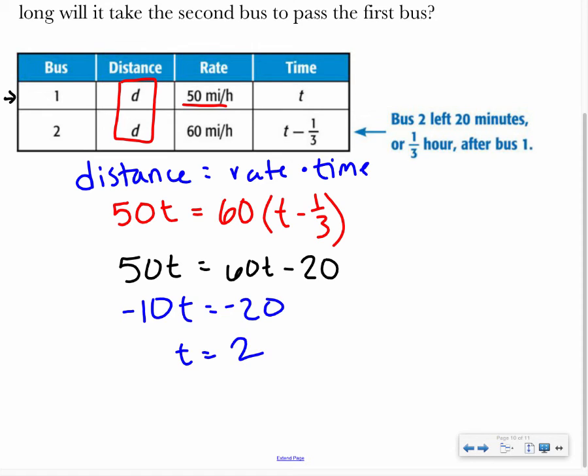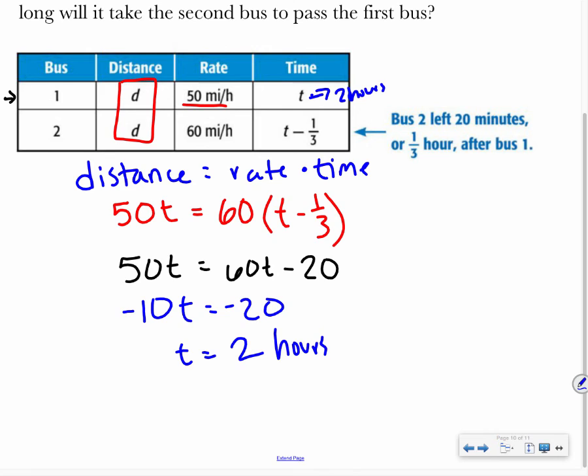So I know that t is 2 hours, but I'm not done yet, because if we look back at the table that I have, t represents the first bus, so 2 hours.